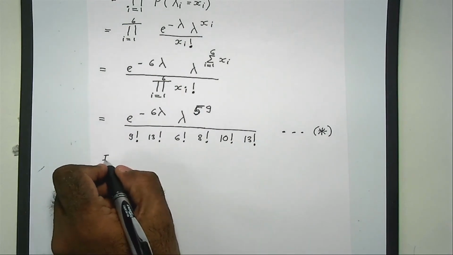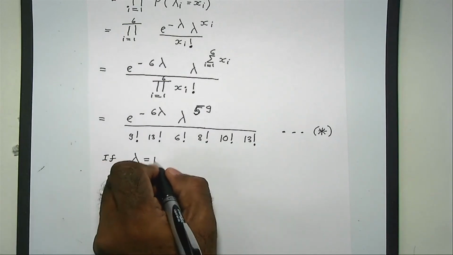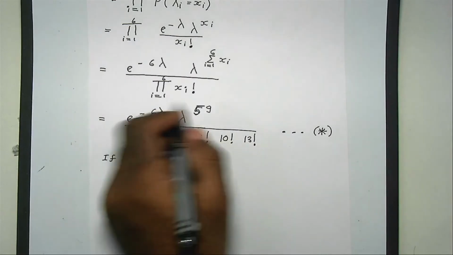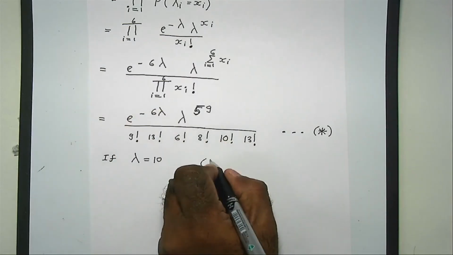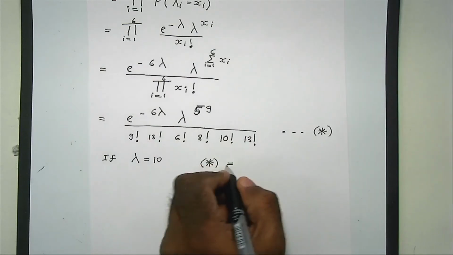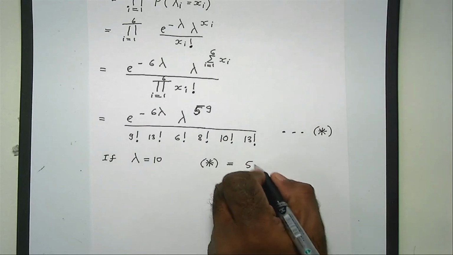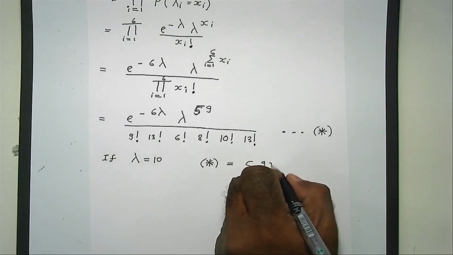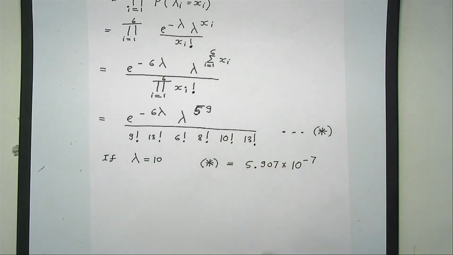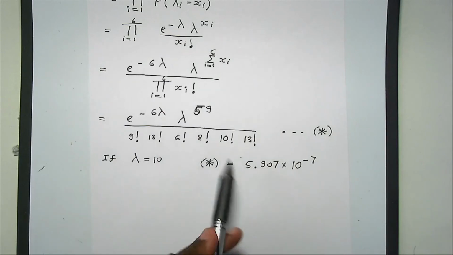If lambda can be either 10 or 12, so if lambda is equal to 10, then you can put lambda equal to 10 into this formula and compute it, and if you do the math, this is what you will get.